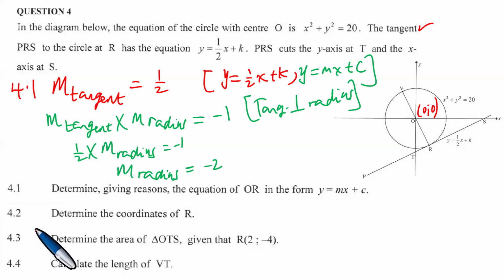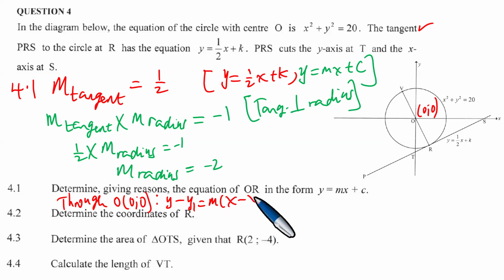So in the end, we want to determine, giving reasons, the equation of OR. The equation of OR passes through the origin. Using y minus y1 equals m into x minus x1, with the origin: y minus 0 equals minus 2 into x minus 0, which means y is minus 2x.